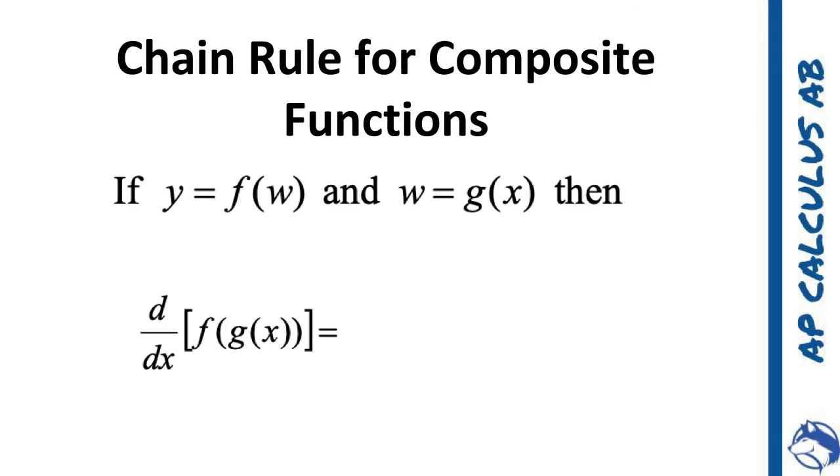So the chain rule for a composite function, if y is a function of w and w is a function of x, then the derivative of f of g of x is going to be equal to f prime of g of x times g prime of x, which is really what we were already doing. We're taking the derivative of the big one with respect to x, and then we have to take the derivative of the little one on the inside with respect to x.